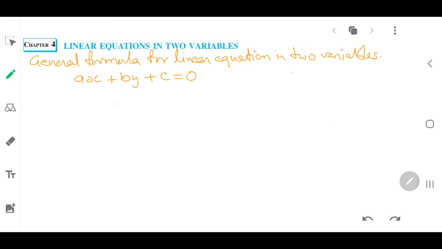So this is the general formula for linear equation in two variables. This you should keep in mind.